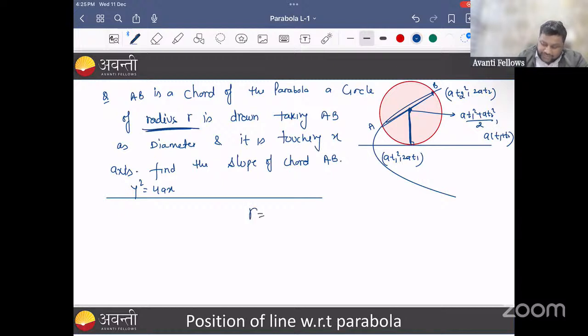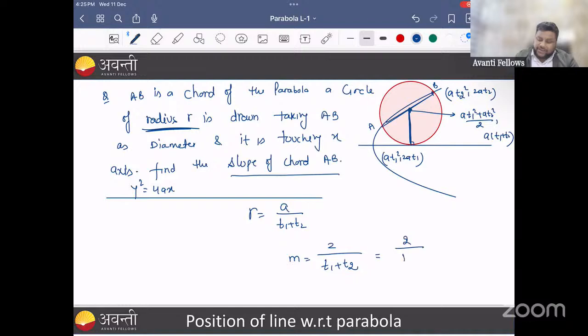So the radius is a times (t1 plus t2). Got it? Now they are asking for the slope of the chord. I started today's lecture with the slope of the chord. Slope of the chord joining t1 and t2 is m equals 2 upon (t1 plus t2). So 1 upon (t1 plus t2) is r upon a, and 2 divided by r by a is 2a upon r.